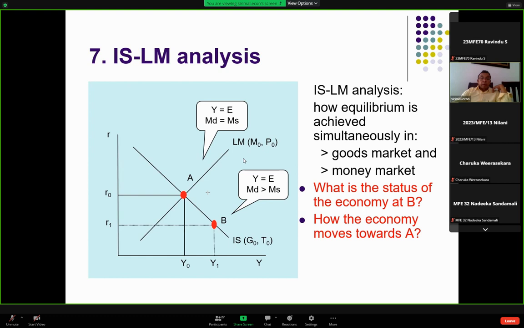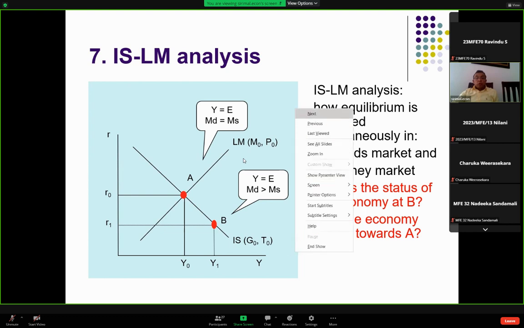If it is disequilibrium, it moves towards point A, so that you can understand which variables move, which markets get affected, and in which direction they move. This is a little complicated work.